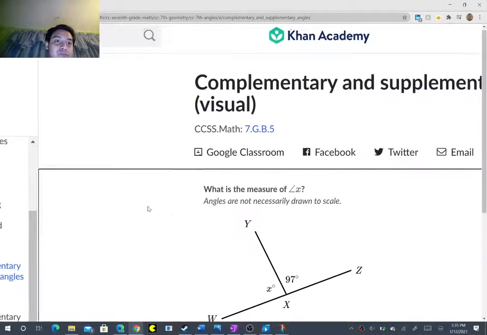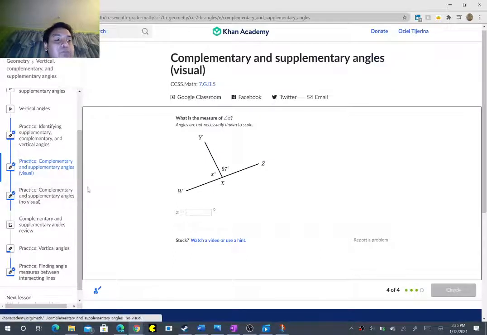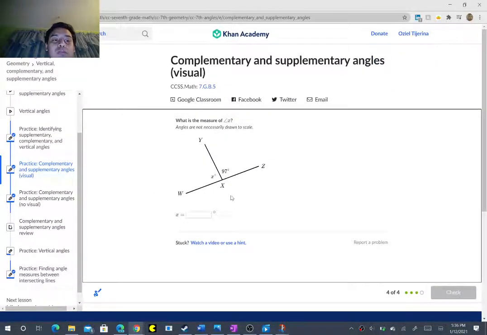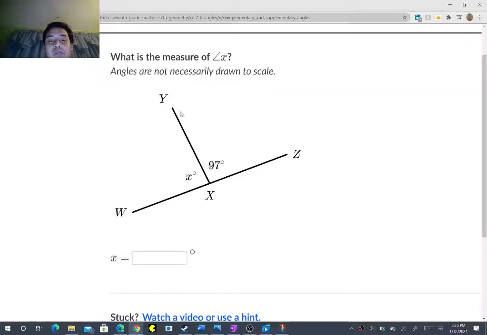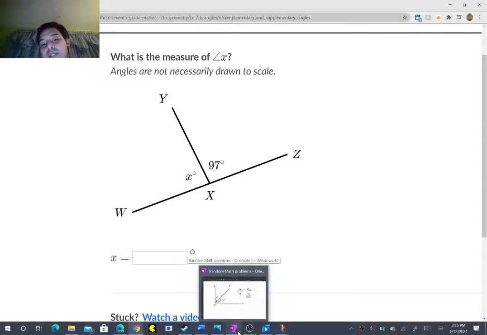Okay, last one for this part. Again, when you see a line like this and you see a straight angle, every single time this entire part adds up to 180. x plus 97 equals 180, okay?